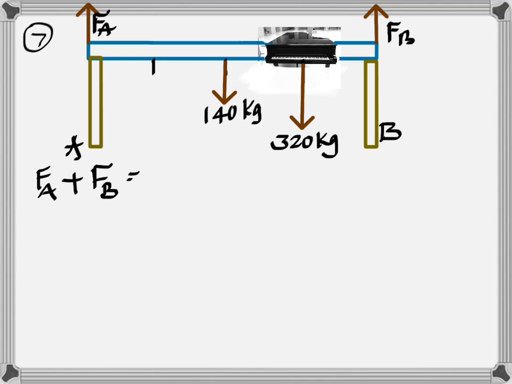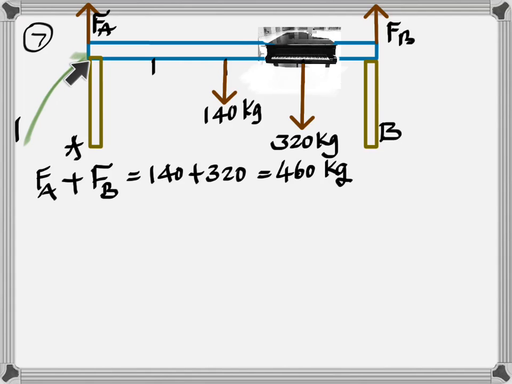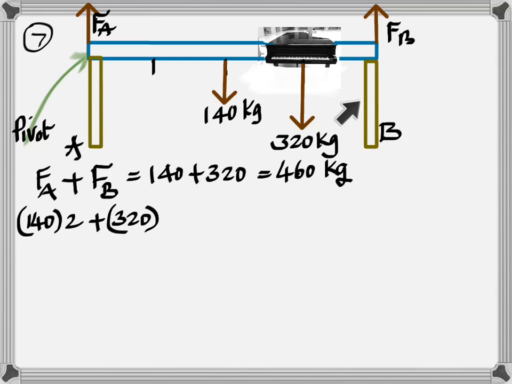Once again, total upward force is equal to total downward force. And then you try to take the torques about one end. So take this as the pivot, so there will be no torque due to this. 140 and 320 create clockwise, and FB creates a counterclockwise.